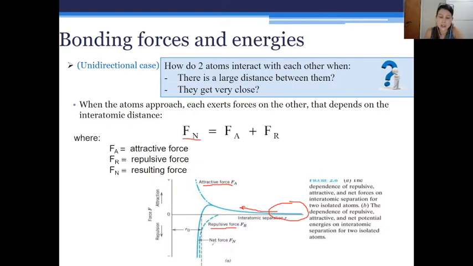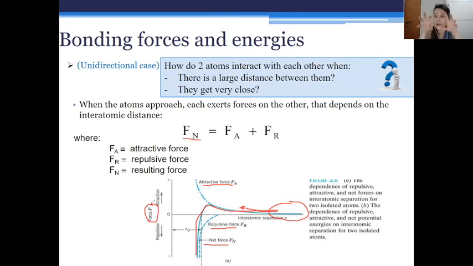The net force is given by this curve right here, the plain curve, and we see that there is one specific point at which the resulting force is equal to 0, which means we found an equilibrium distance between the two atoms.